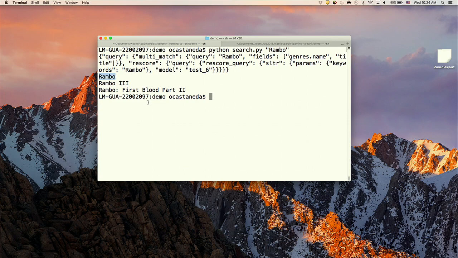What needs to be tweaked here is there's a much higher weight on the query we're issuing based on the title of the movie. But that's something we could change. Interesting, however, is the fact that we see Rambo 3 and Rambo 2 in there.